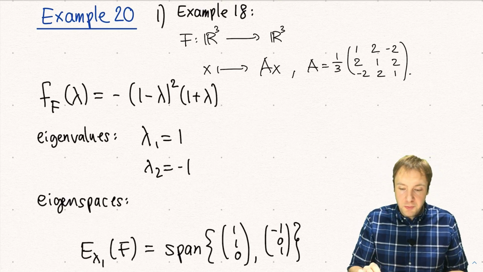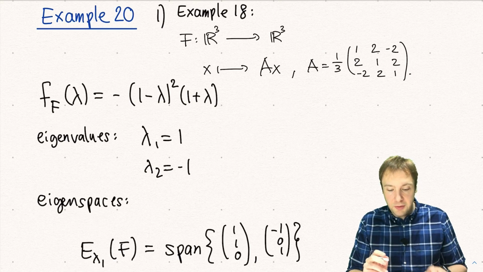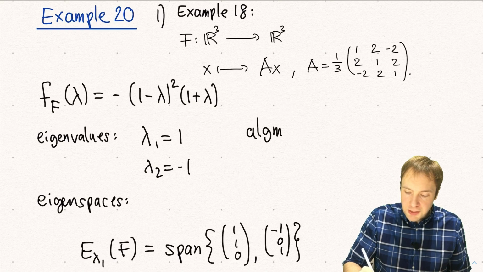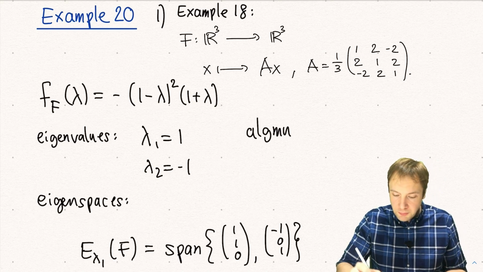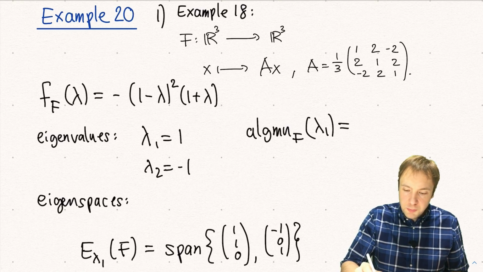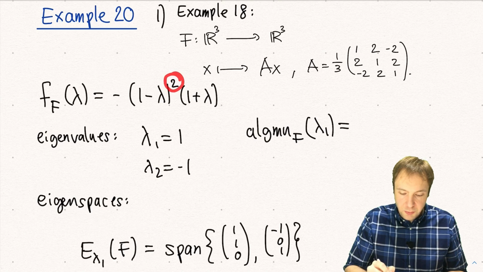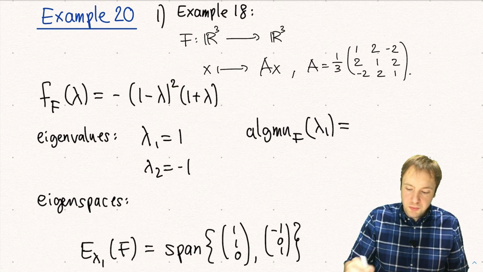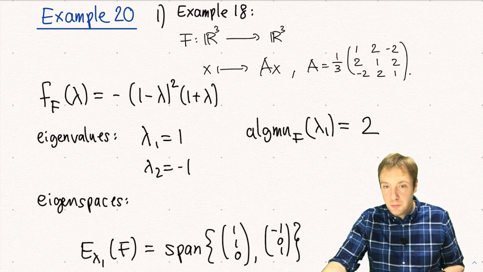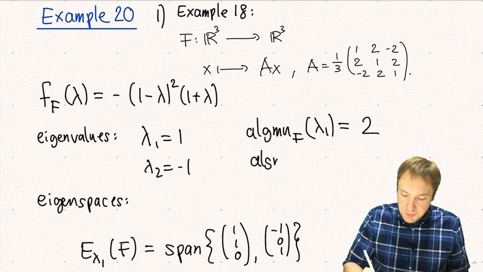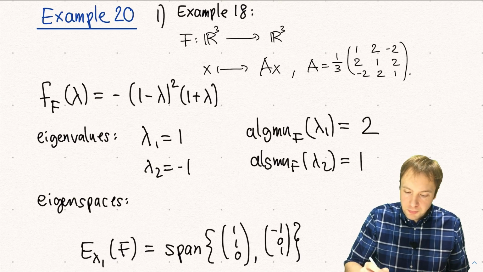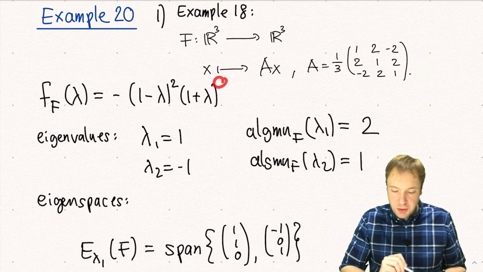So therefore we saw that we have two eigenvalues, lambda 1 and lambda 2, and now we can say what the algebraic multiplicity of lambda 1 is for this linear map. Well, we just need to see here we have the factor 2, so the algebraic multiplicity here is 2, and the algebraic multiplicity of the second eigenvalue is 1, because here we have a 1.